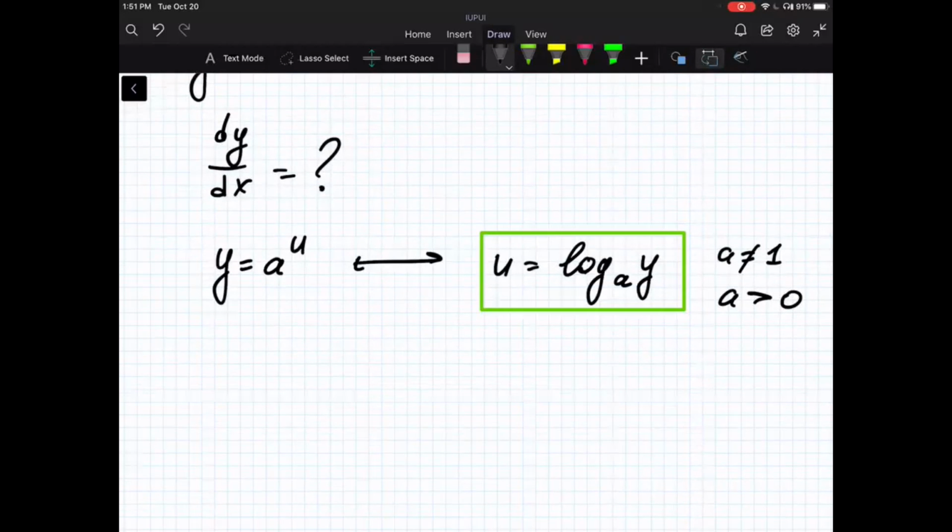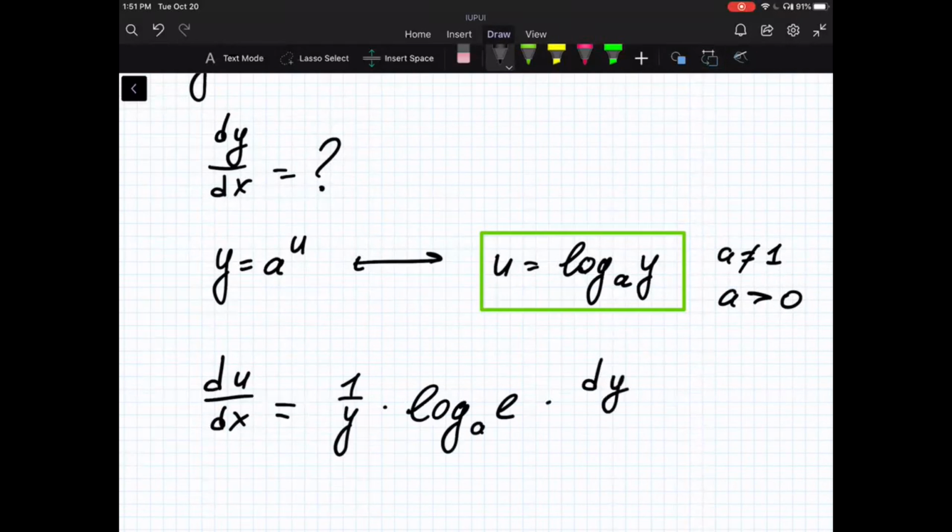And so what do we get? We get that du over dx is equal to 1 over y times logarithm with base a of e, using our rule, times the derivative of y with respect to x.